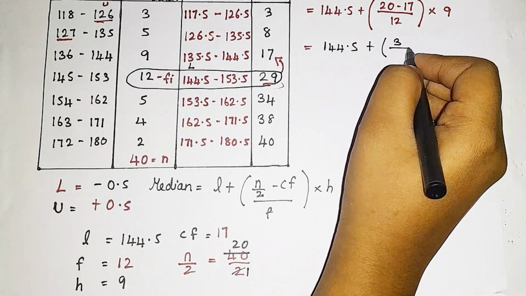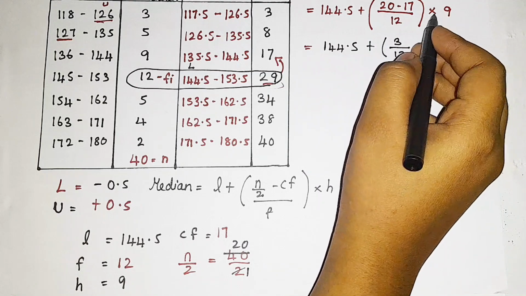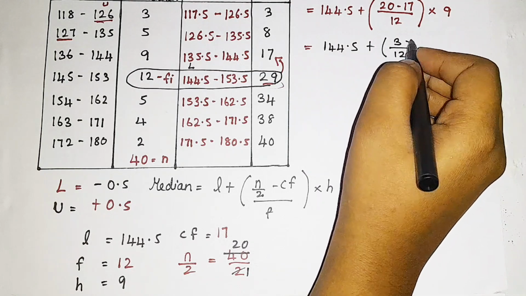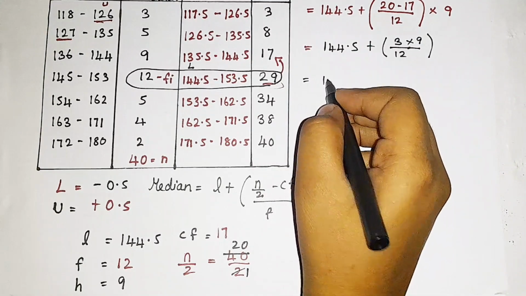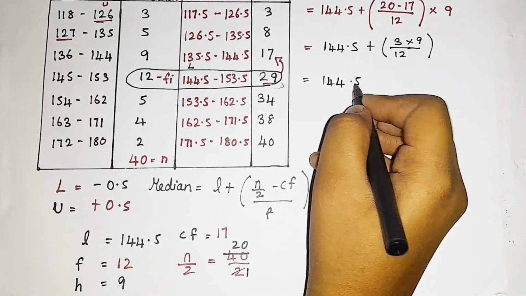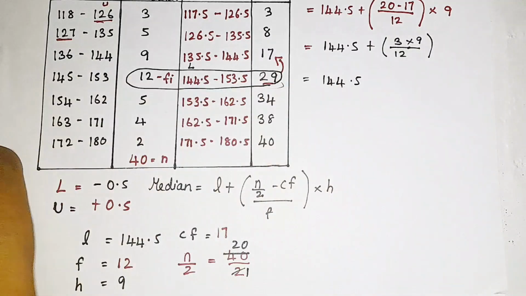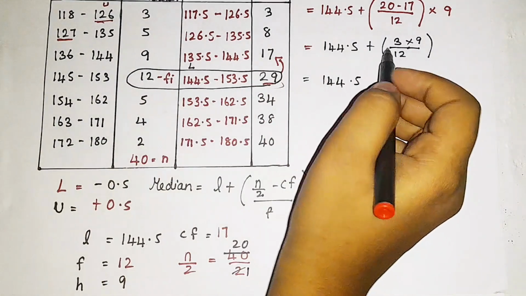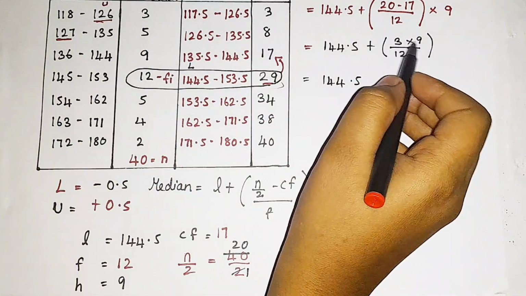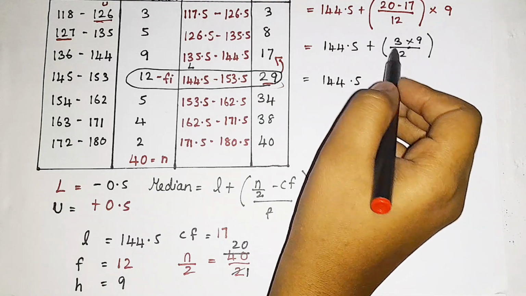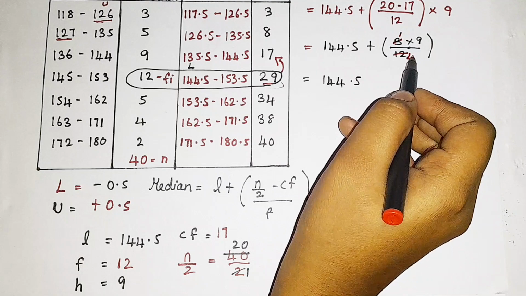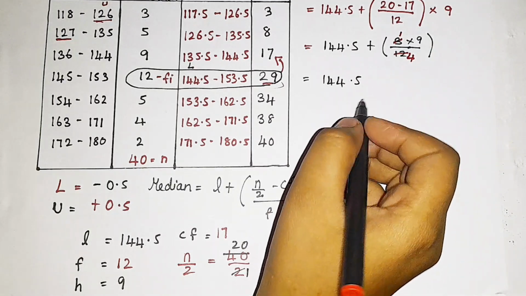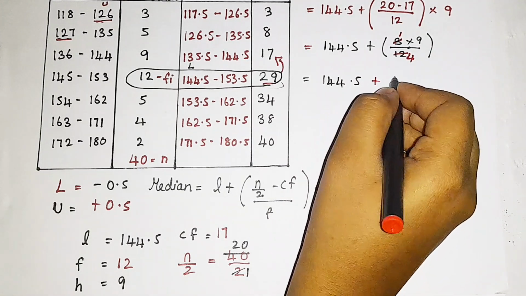So 3 and then divided by 12. So since you guys know here 9 is a numerator, so we can write into 9, close the bracket, is equal to 144.5. And here one more thing I would like to say is, so here we have 3 divided by 3 into 9 divided by 12. So we can actually cancel them. 1 3 is 3, 4 3s are 12. Okay, and then plus 9 by 4.